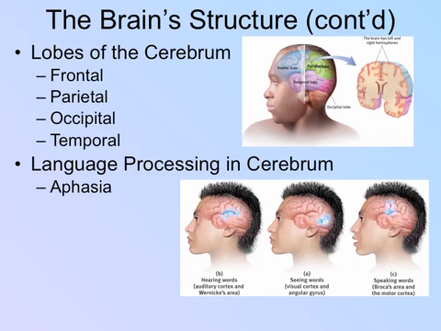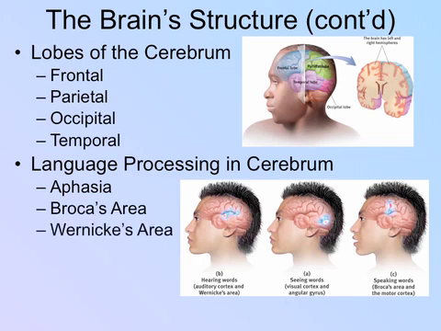And so usually it's involving damage to that left cerebral hemisphere, because we know that it's in the left hemisphere that language is primarily processed. And patients with aphasia led to our discovery of two association areas in that left hemisphere, Broca's area and Wernicke's area. Named such because, you guessed it, the scientists' last names were Broca and Wernicke.